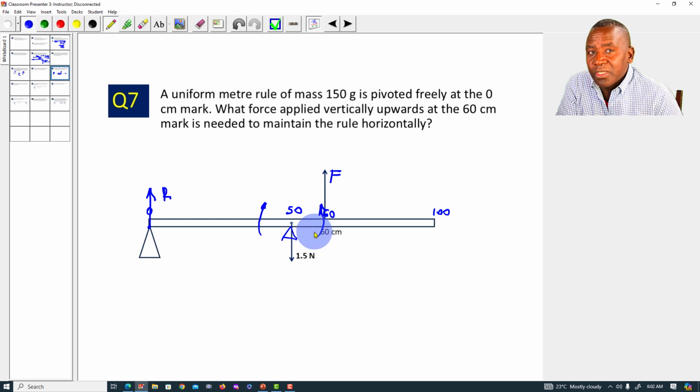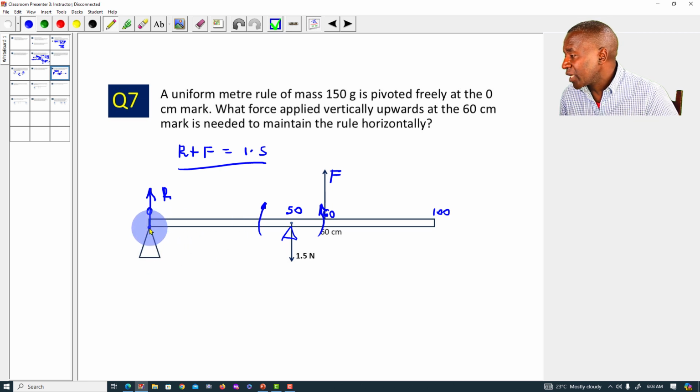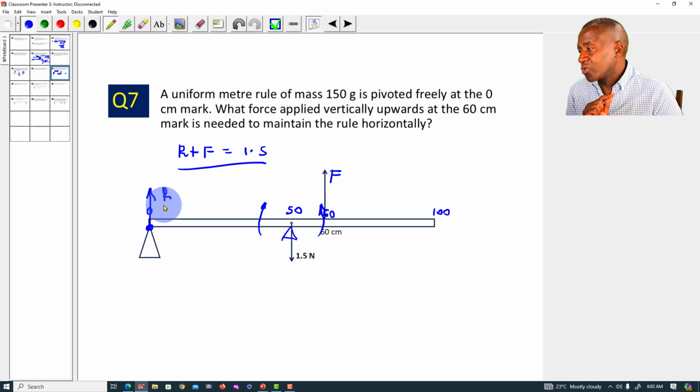So you've got R and F, both of them unknown, because R plus F is equal to the weight, which is 1.5. Why should you form an expression with two unknowns if it was possible to form an expression with only one unknown? That is why we choose to take moments about this point, because it eliminates the reaction force at that point.